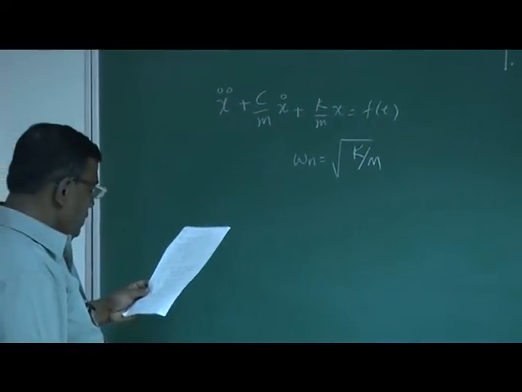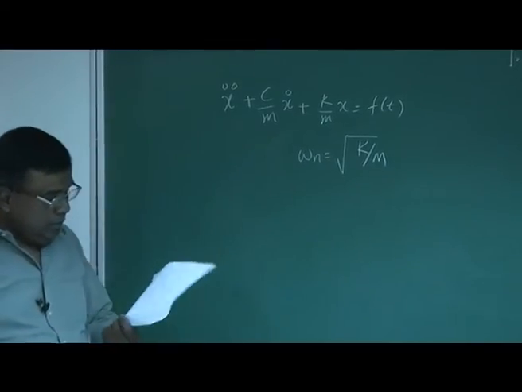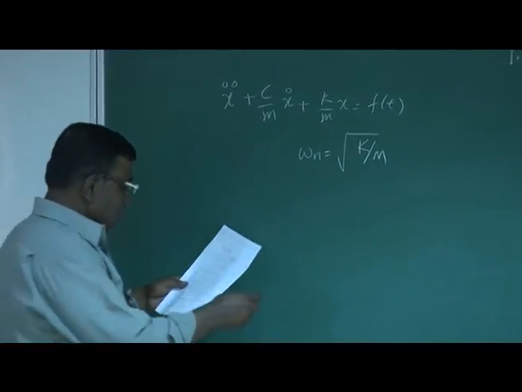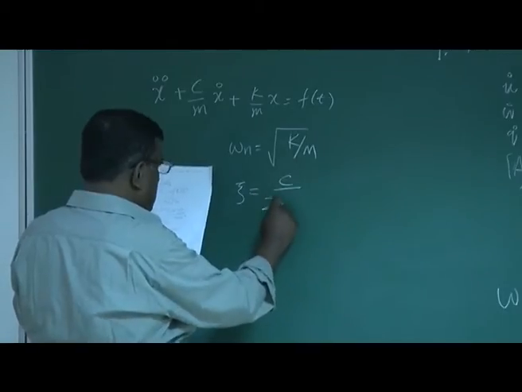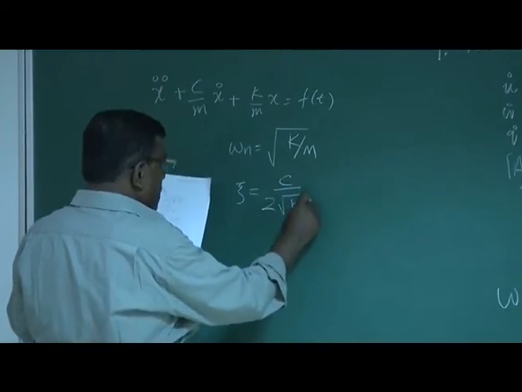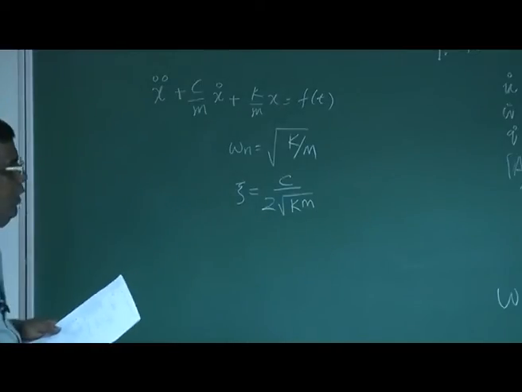And also we are doing one substitution, and that is zeta equal to c by 2 root km. Zeta is the damping ratio.